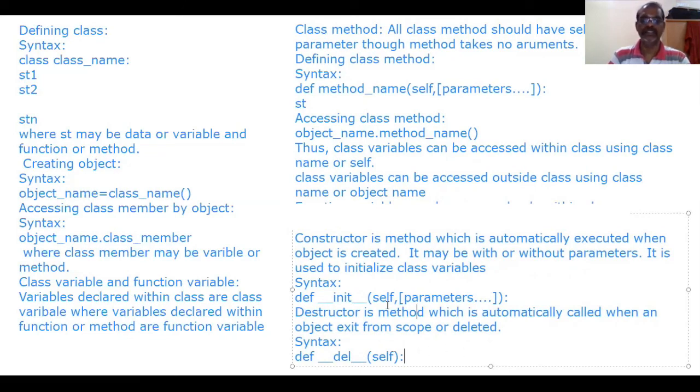The syntax for the constructor is def, double underscore init double underscore, within brackets self, colon. Syntax for destructor: def, double underscore del double underscore, within brackets self, colon. For destructor, there is no parameter, whereas for constructor, parameters may be given, with or without parameters. For destructor, no parameters are allowed.